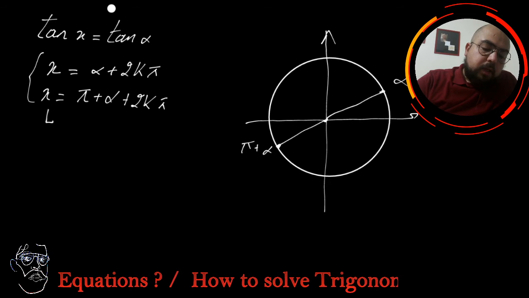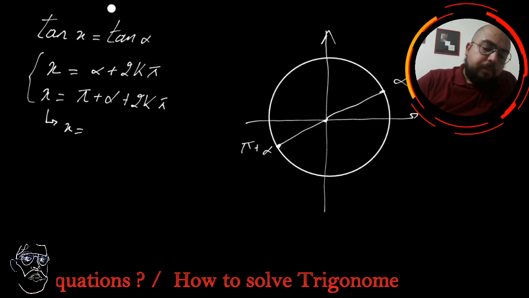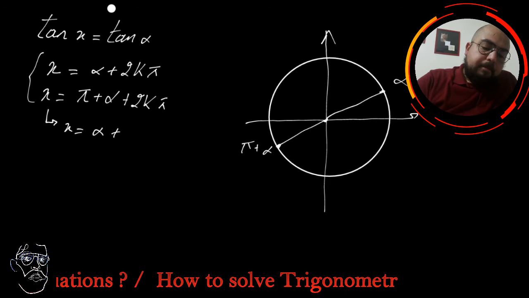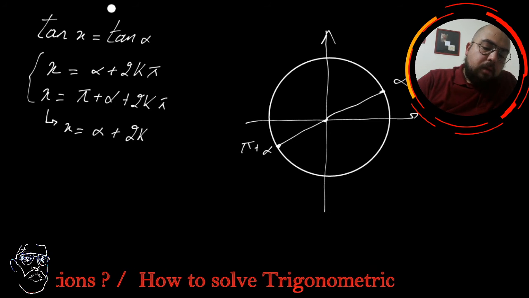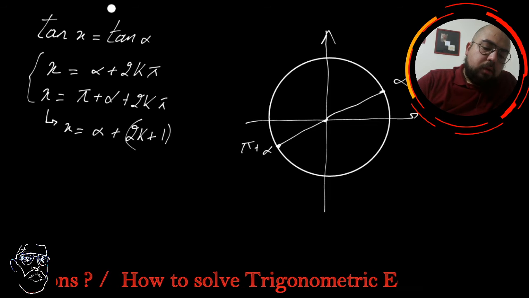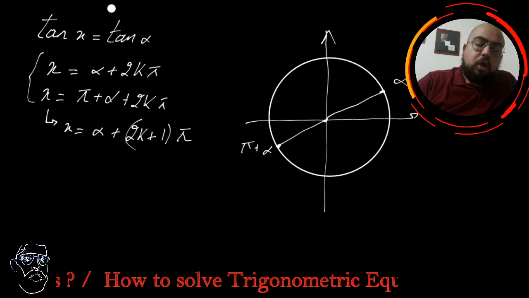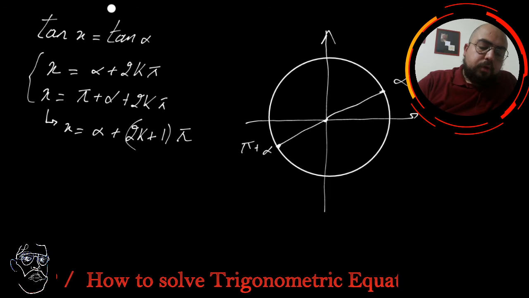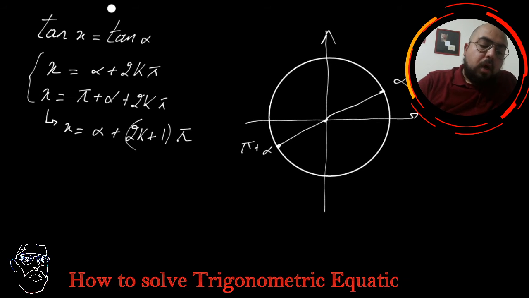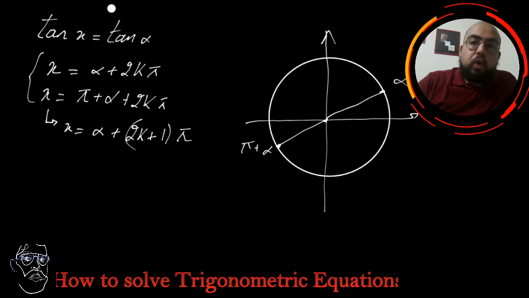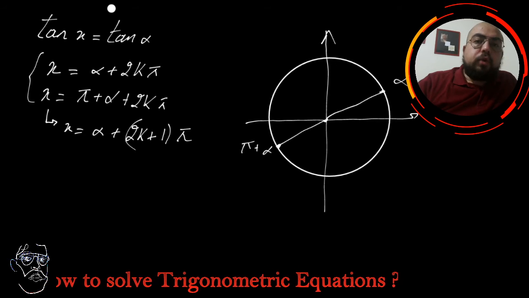So the second one, I can say that x is equal to alpha plus 2k plus 1 times pi. So as you can see, the solution could be alpha plus 2k pi or alpha plus 2k plus 1 pi. It could be odd or even.